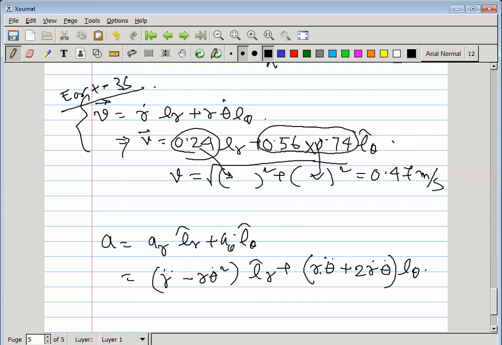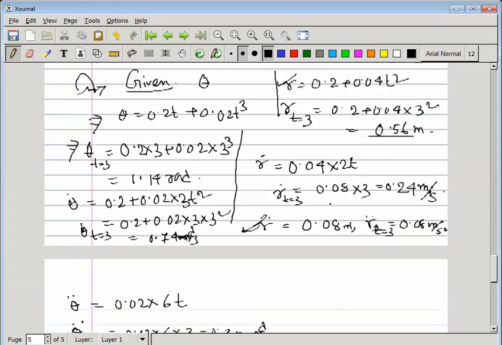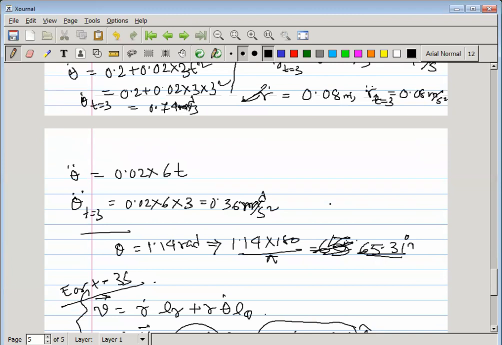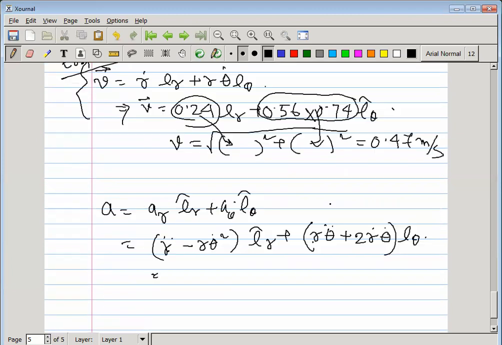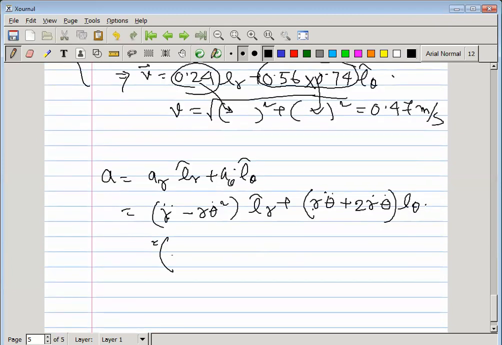So we have to put these values again. r double dot at time t is 0.08, no? 0.08 minus r, which is 0.56, into theta dot square. Theta dot is 0.74.